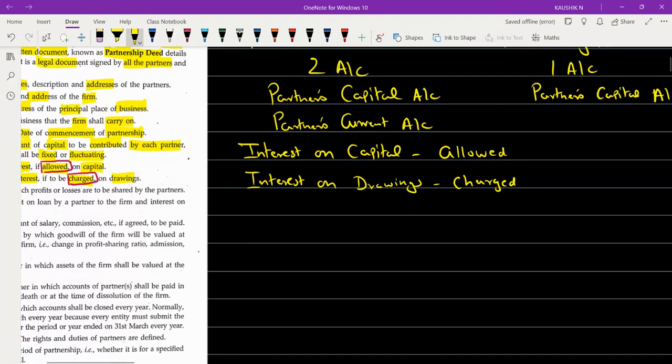Now what do these two terms represent? The allowed and charged, both are interest. One is on capital, the other is on drawings. But why do they use the terms allowed and charged?